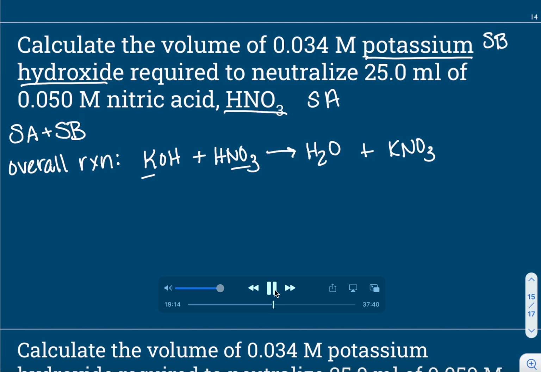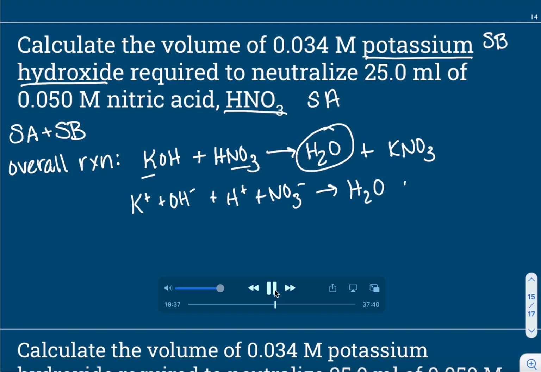Now, if you were to write this in net ionic form, everything is aqueous and fully dissociates other than the water. So we would have K+ OH- plus H+ NO3- gives us H2O, which stays together. Then we have K+ NO3-.